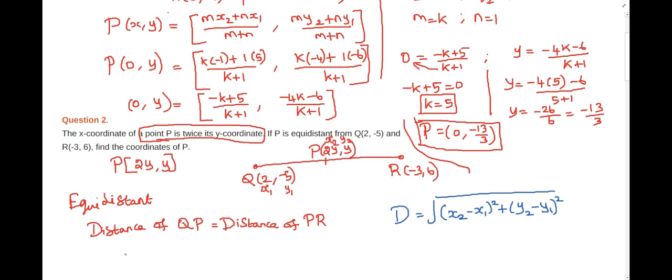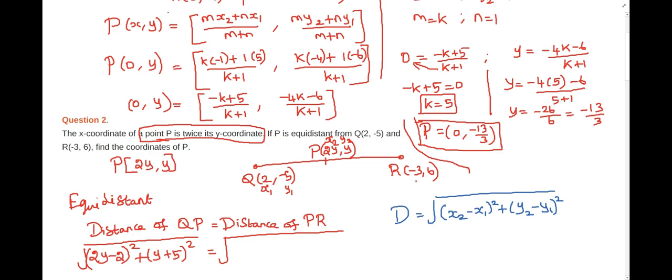So you can apply the distance formula to find the distance of PQ. That is square root of (2y - 2) whole square plus (y + 5) whole square, which is equal to the square root of the distance of PR.